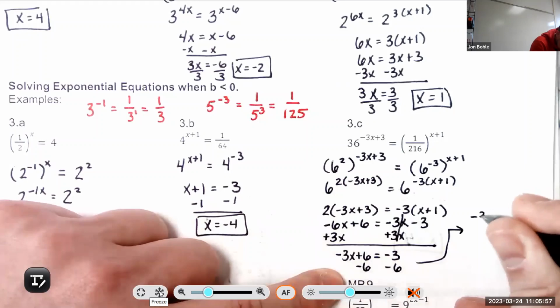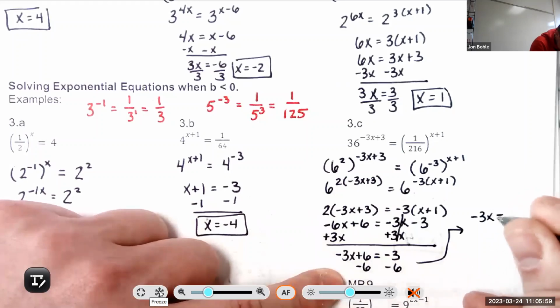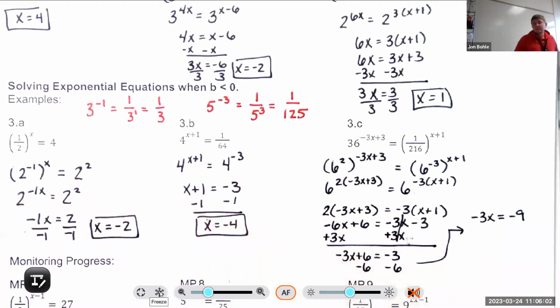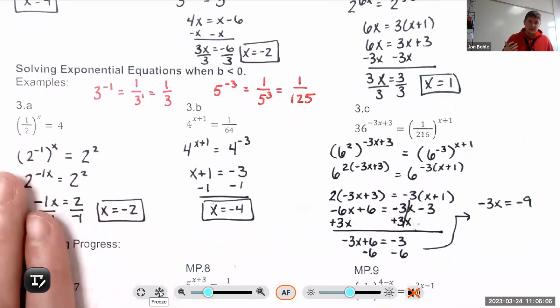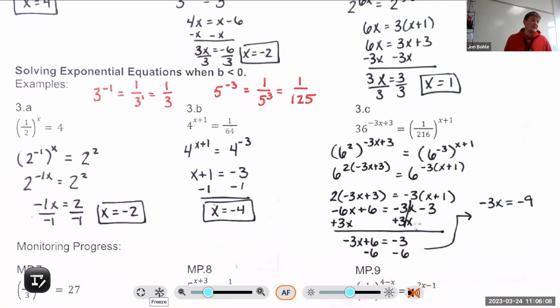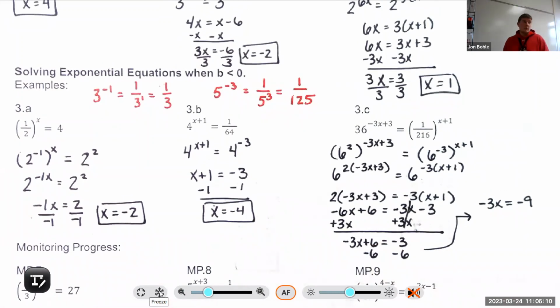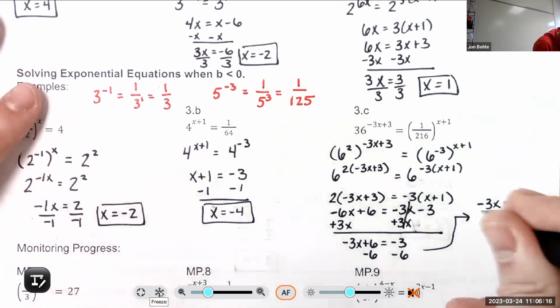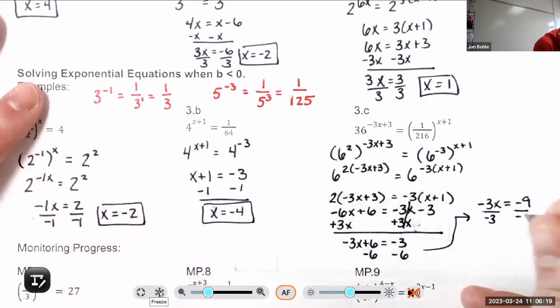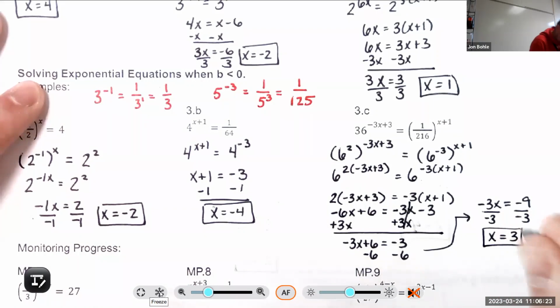So -3x equals -9. I'm doing a lot of this math in my head just because I have so much practice with it. But like -3 minus 6, if you're not confident in that, what am I going to suggest you use? Just use a calculator. There's nothing wrong with that. So in this situation, x is equal to 3.